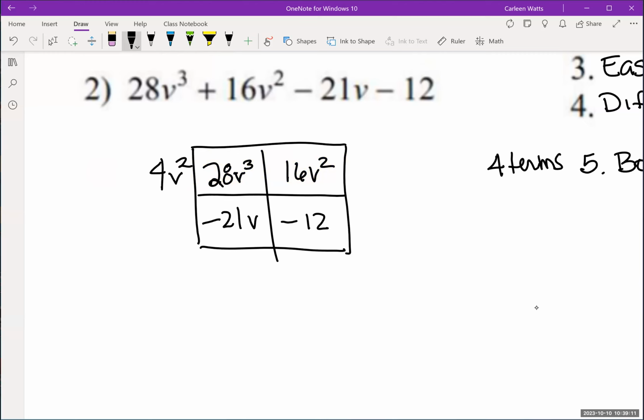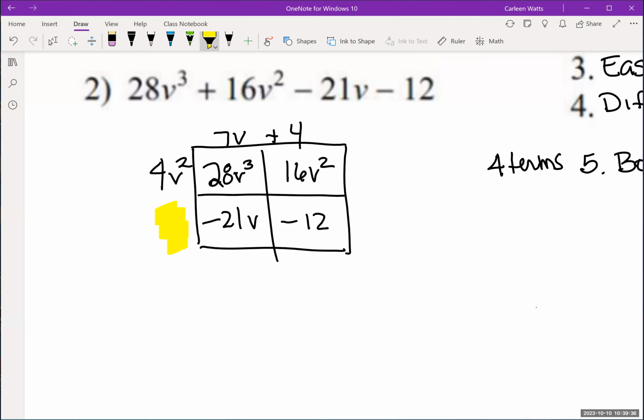So 4v squared times, what's going to go here? 7v is 28v cubed. 4v squared times 4 is 16v squared. What is going to go here?